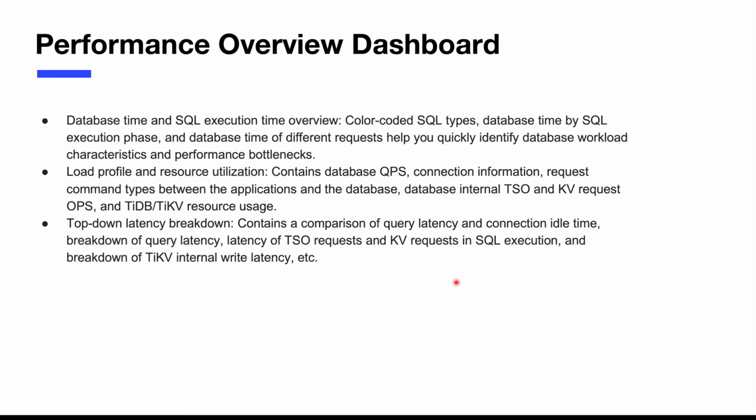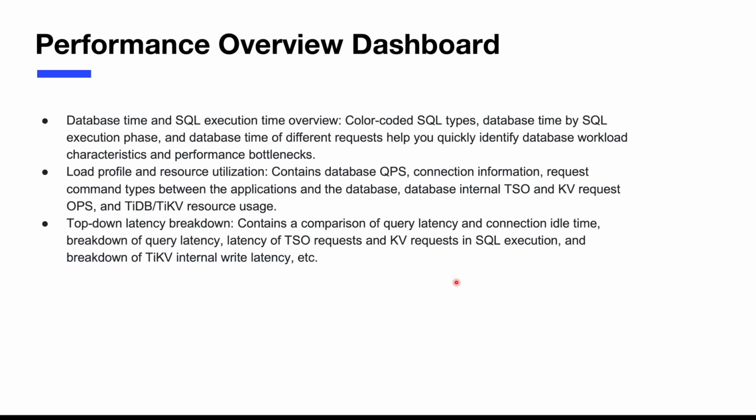And now I will go through the performance overview dashboard in detail with all of you and tell you what's in the dashboard. First is the DB time and SQL execution time overview. That's the three charts I showed you before on the top.